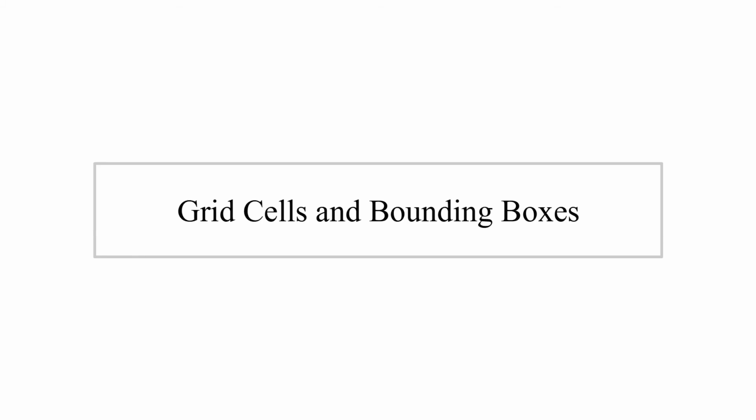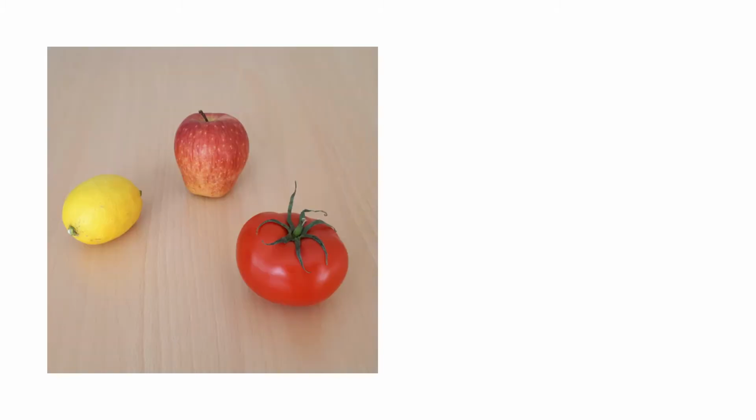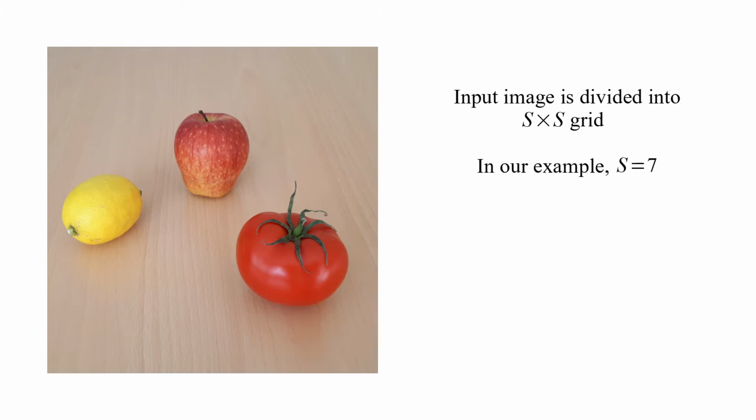Grid cells and bounding boxes. Input image is divided into S by S grid. In our example, S is 7.